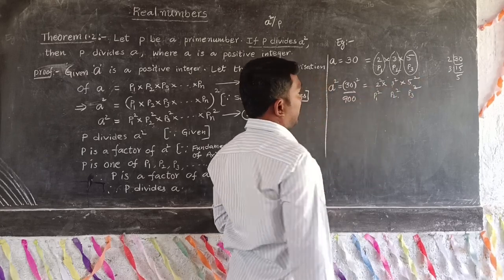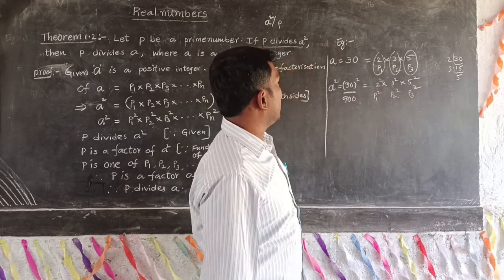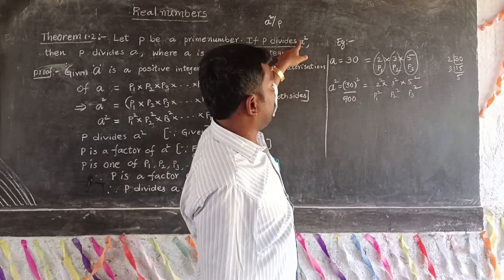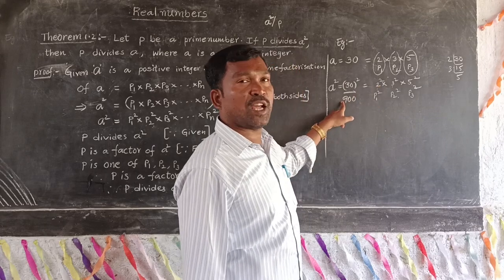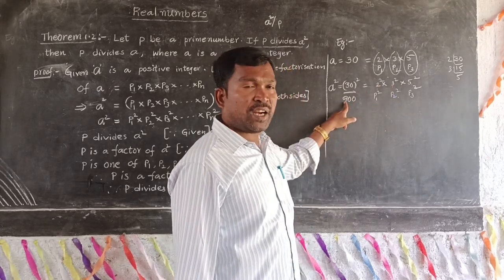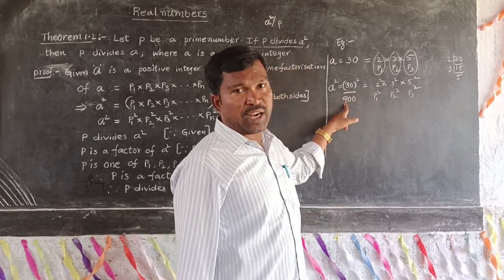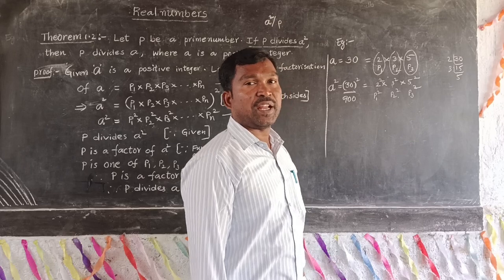The factors of A square are 2, 3, 5 only. So 2 divides 900, 2 times 450 is 900. 3 divides 900, 3 times 300 is 900. 5 divides 900, 5 times 180 is 900.